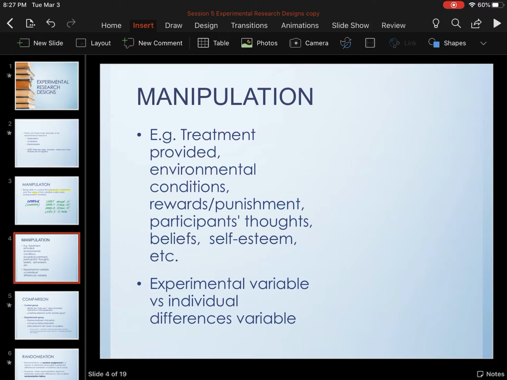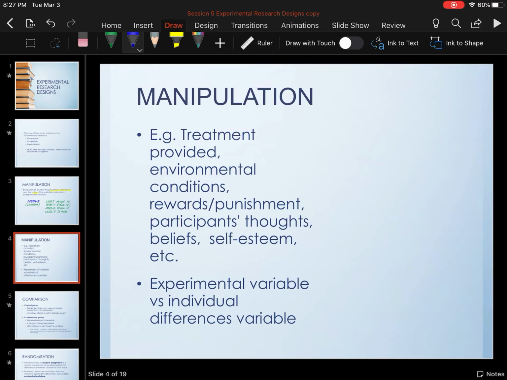Now, there are some instances where we assume that our manipulation worked when in fact it didn't. Okay, so for example, let's say we want to know how many chocolate bars to give a child, okay, to motivate him or her to answer a test that we are about to give.